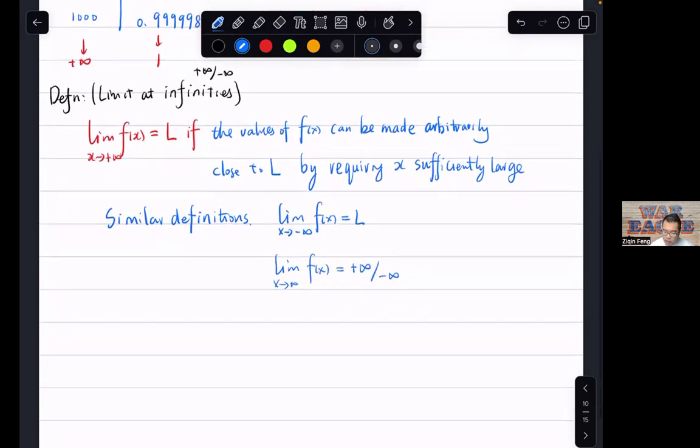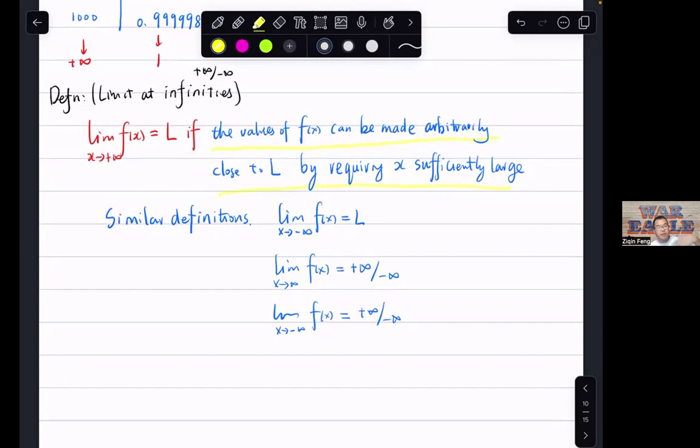Or you can define as x goes to negative infinity, the function value goes to positive infinity or negative infinity. Just replace terms in our definition here and make some corresponding modification, and you can get these 5 more definitions.